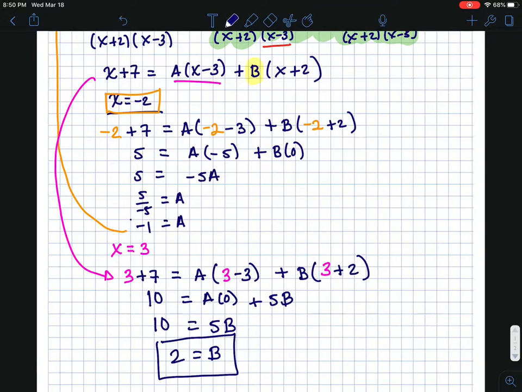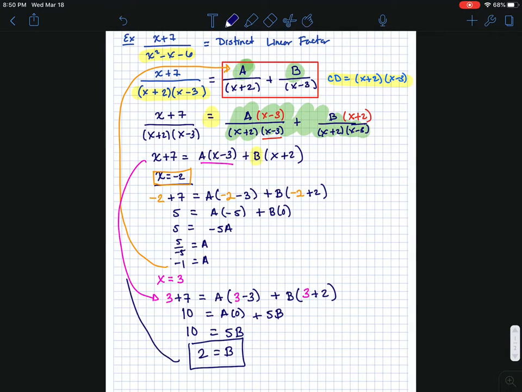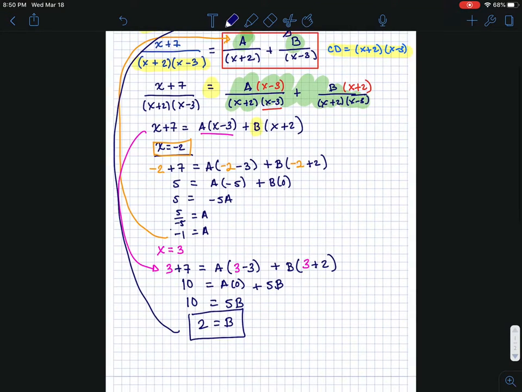Okay, so once again, we're going to take this 2 and plug it into there. So to finish it off, we get a equals negative 1. So we have negative 1 over x plus 2 plus, b equals 2, we've got 2 over x minus 3.